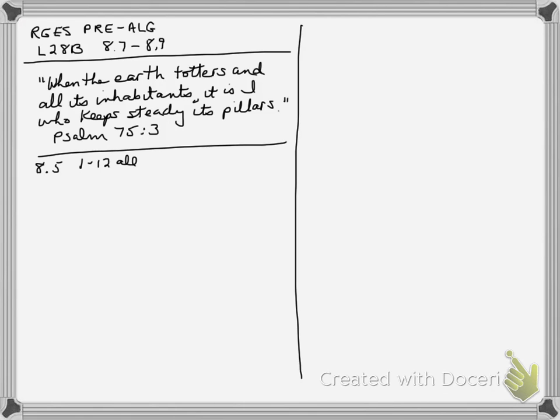Number 1 on 8.5, so our assignment was 1 through 12 all. We are asked to use a protractor and measure angles, and next one will be constructing angles. So here are my answers as you measure your angles in the book. Number 1 is 45 degrees.